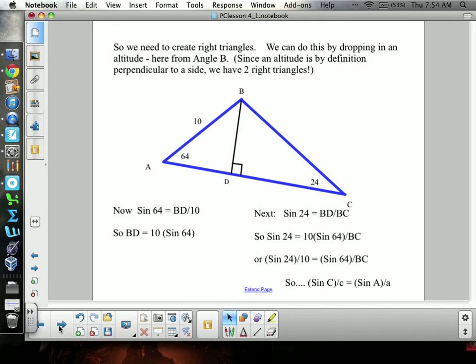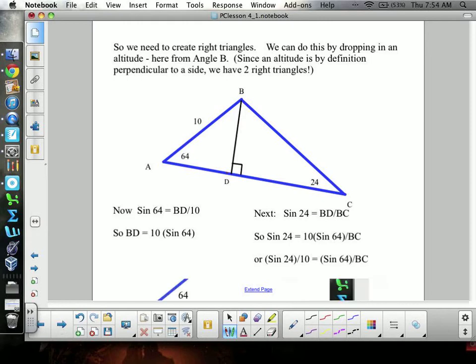How do we find the sides? Well, there's a method we could use. We could drop the altitude of that triangle in. So I'm going to drop in an altitude from angle B, and call the point of intersection D. And now I've got right triangles, don't I?